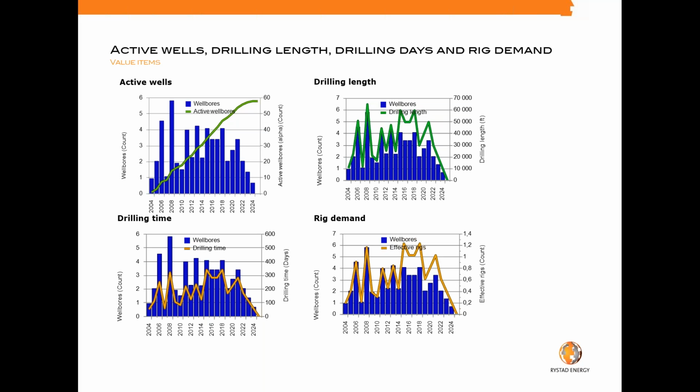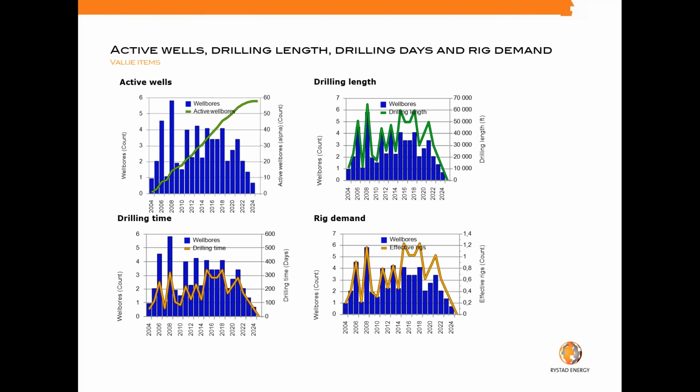On upper right corner, we have the drilling length. We arrive to the total drilling length by multiplying the number of completed wells with the estimated well length. The well length is determined by looking at the reservoir depth and the wellbore length.